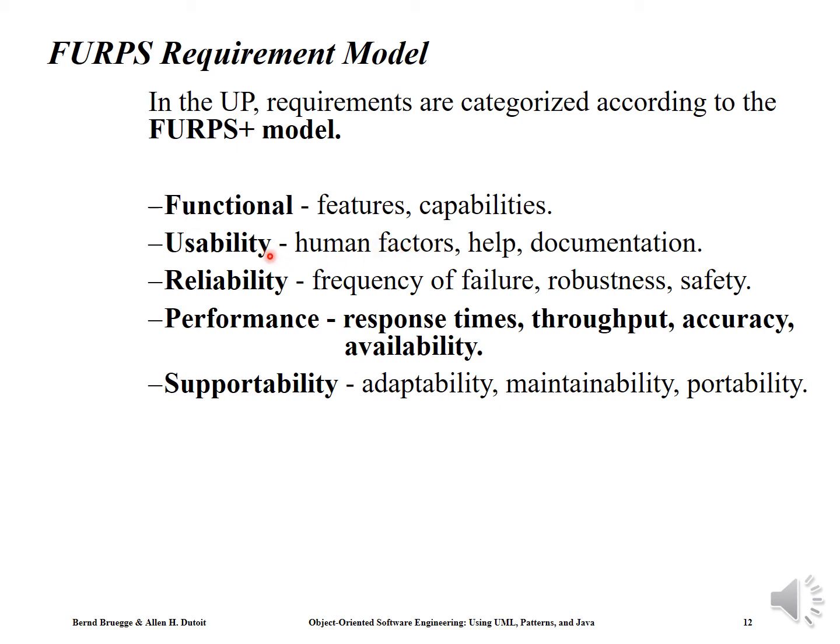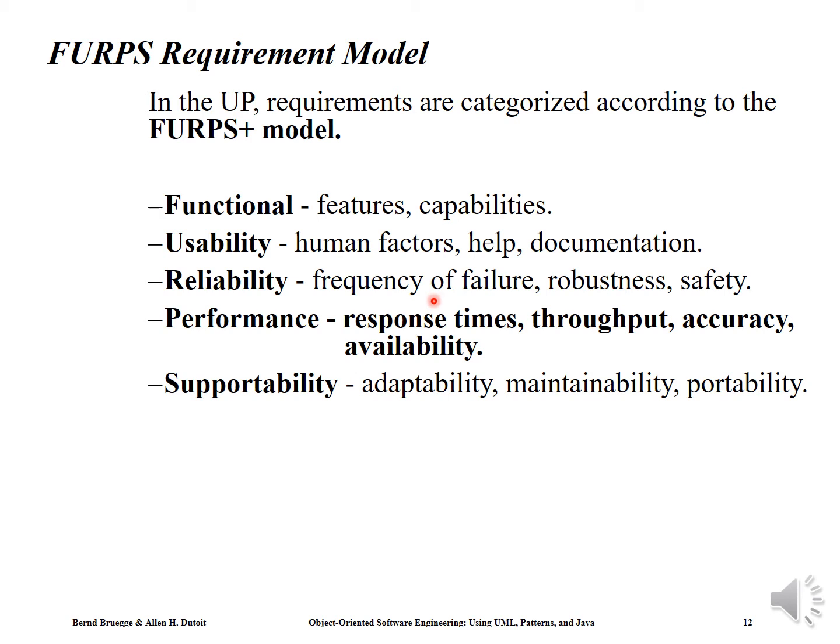So next is the reliability. Reliability is the ability of a system to perform its required functions without failure. Reliability includes, for example, an acceptable mean time to failure, so how less frequently it fails.